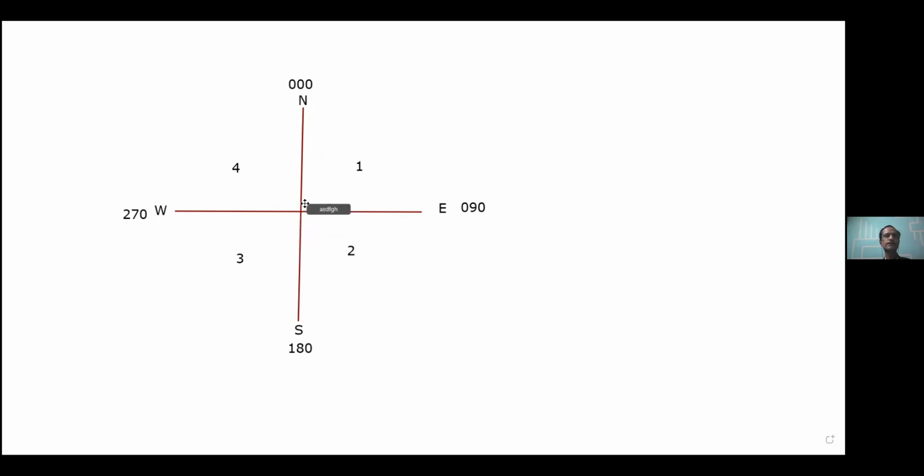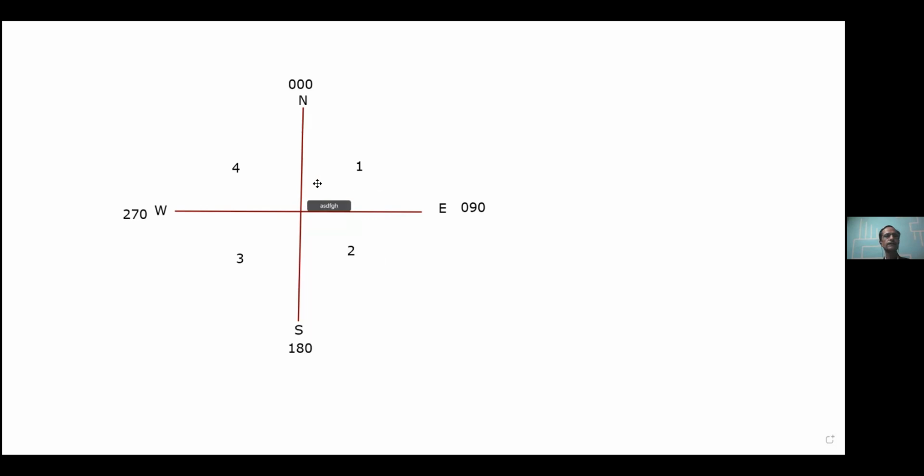Suppose this particular angle, as you can see here, from 000 to 090, is 90 degrees, right? Yes, sir. This second angle again is 90. This is the first quadrant, this is the second quadrant. In this second quadrant also the angle is 90.